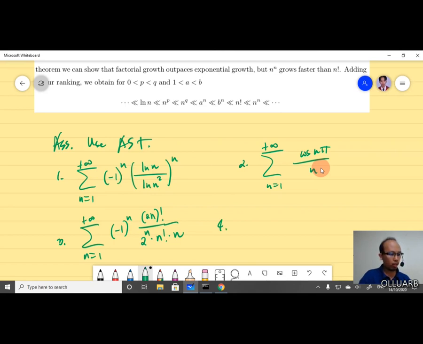Number 4, we have the summation of negative 1 to the n times the quantity square root of n plus square root of n minus square root of n, where n starts from 1 to positive infinity.